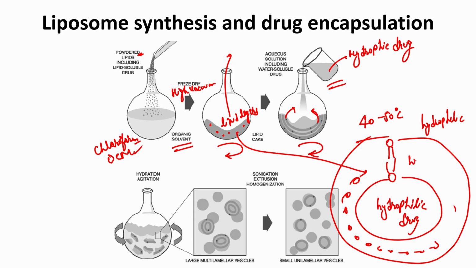Right, and this is hydrophobic. So, that way you have been able to achieve encapsulation of both. Of course, with the hydrophilic drug you have lost some of the drug which is outside, which is not encapsulated, so it will just diffuse out into the media, but most of your hydrophobic drug is in here and some of the hydrophilic drug also gets inside. So, that is how you get these vesicles that are peeled off.